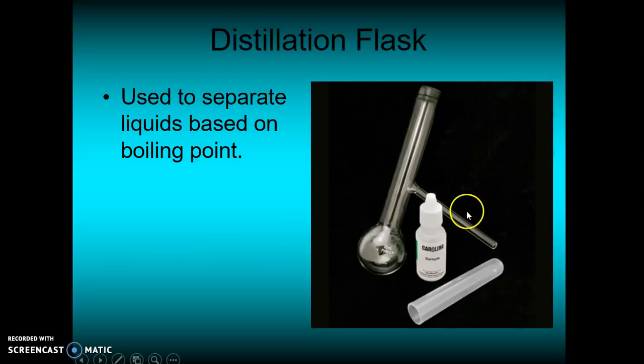You can see a nozzle. When you're heating these two liquids, the first liquid with the lower boiling point is going to evaporate and come out from this nozzle, and you can collect it in a test tube or some flask. You won't be using these much, but it's just for your information.